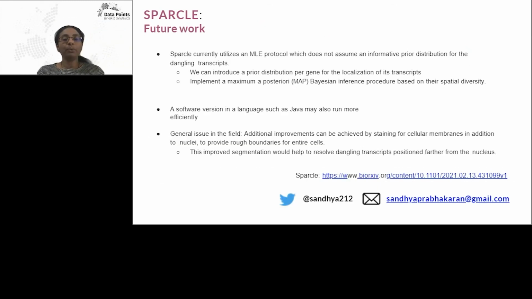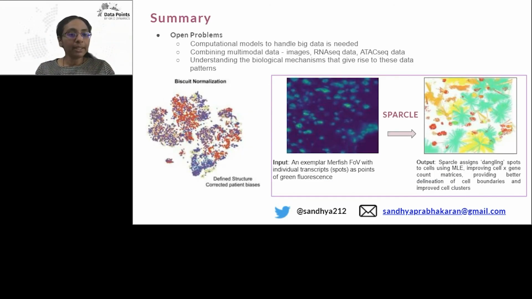Some of the future work would be to write this in a language that is more effective like Java, to use a more Bayesian version of a posterior inference technique, and to improve cell type boundaries, which is now a question for the field. In conclusion, I'd like to say that I've worked on single-cell RNA-seq and I've contributed to the development of BiSKIT.